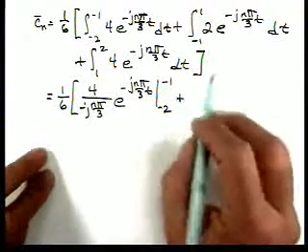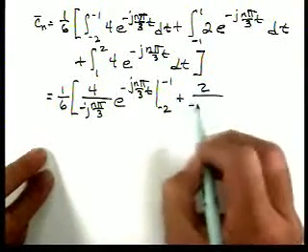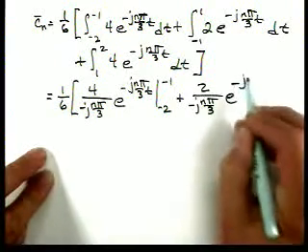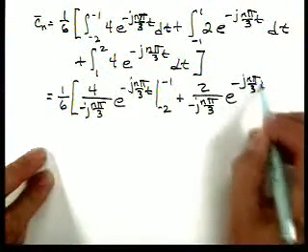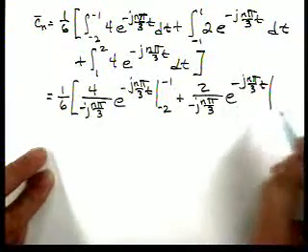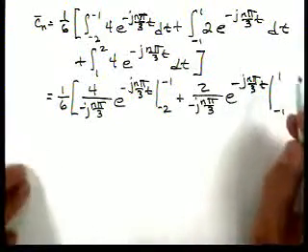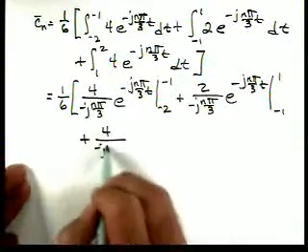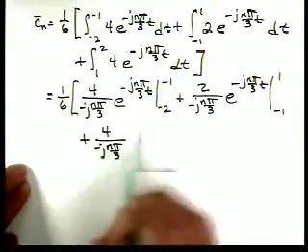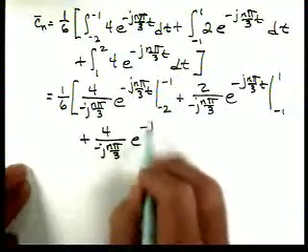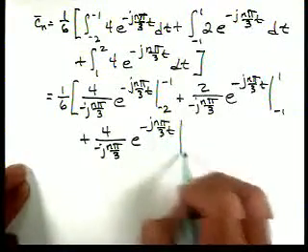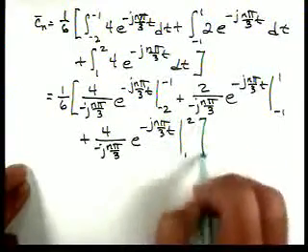The next term we have 2 over minus j n pi over 3 times e to the minus j n pi over 3 t, evaluated from minus 1 to 1. And then we have 4 over minus j n pi over 3 times e to the minus j n pi over 3 t, evaluated from 1 to 2.